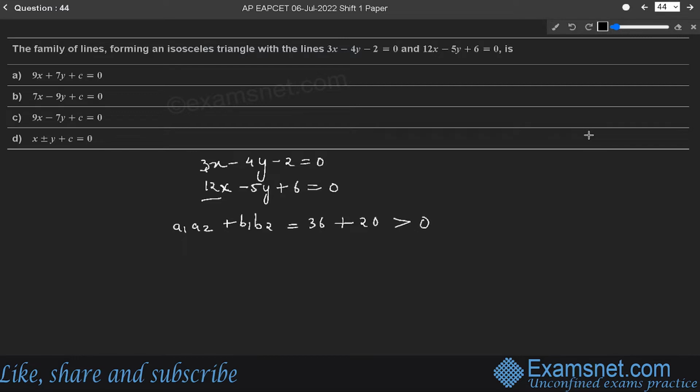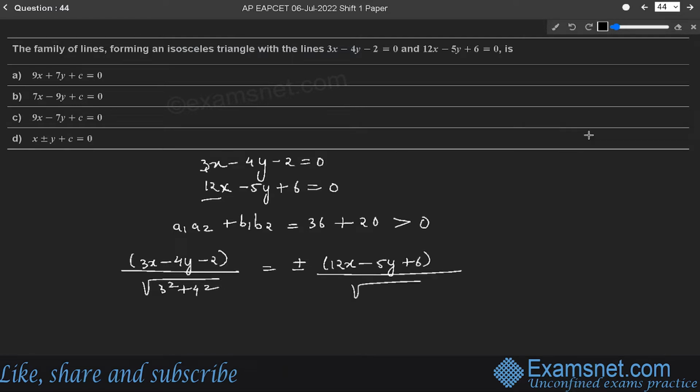Therefore, the equation of bisectors of the lines will be (3x minus 4y minus 2) divided by the square root of 3 square plus 4 square is equal to plus minus (12x minus 5y plus 6) divided by the square root of 12 square plus 5 square.